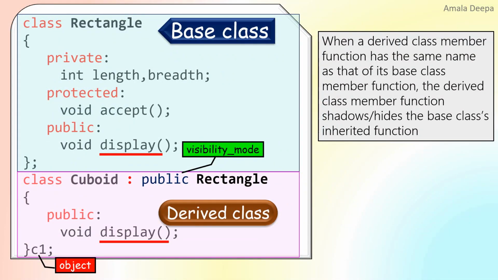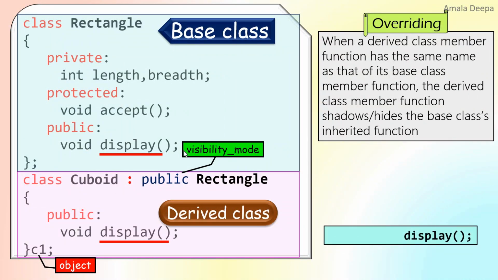This is called overriding. The function call display within the class cuboid, that is within the derived class, will invoke the display function within the derived class.